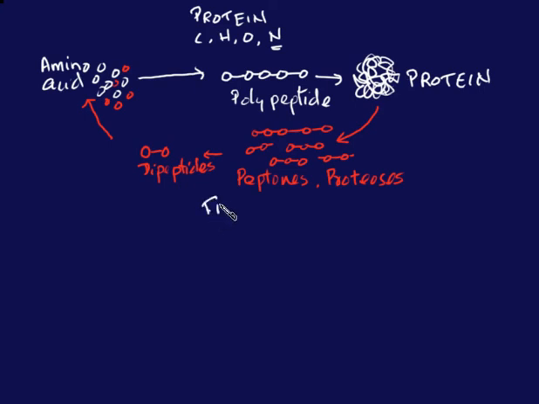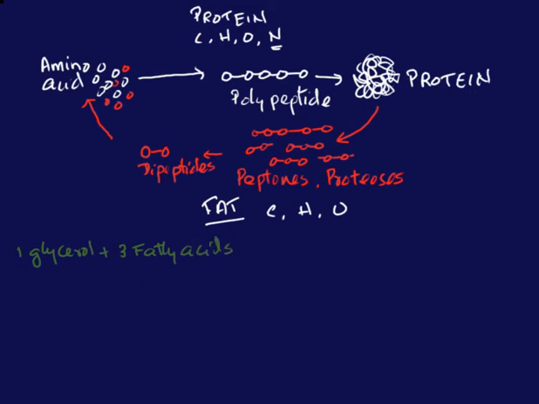fat. Fat is made up of carbon, hydrogen, and oxygen. If you look at a single molecule of fat, it has one glycerol plus 3 fatty acids, right?